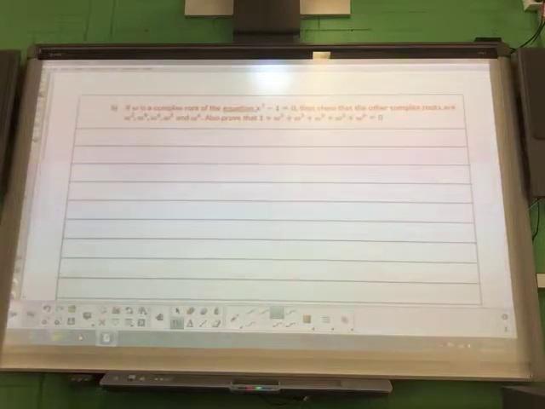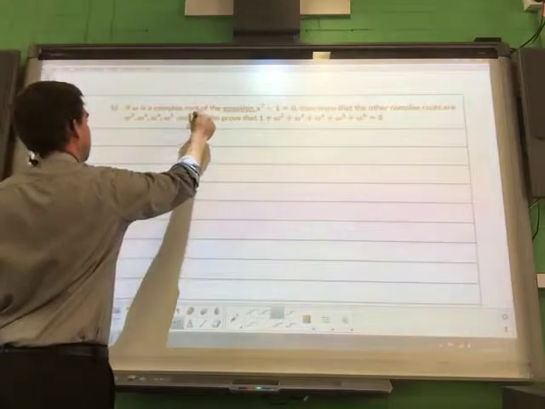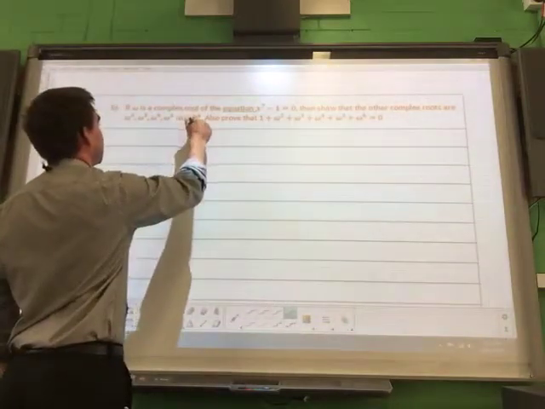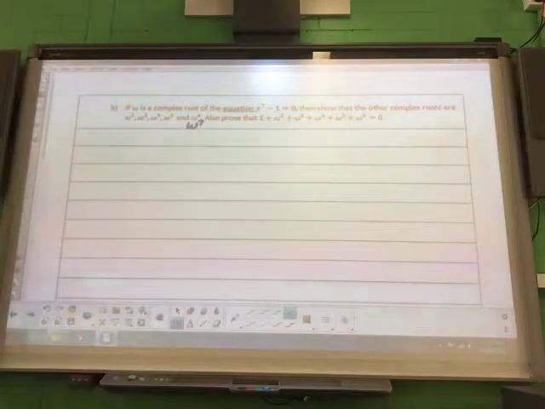Alright, part B. If omega, the Greek letter that looks like a W, is a complex root of the equation x to the power 7 take away 1 equals 0, we need to show that the other complex roots are omega squared, omega cubed, omega 4, omega 5, omega 6 and omega 7 as well, because we're expecting 7 roots.